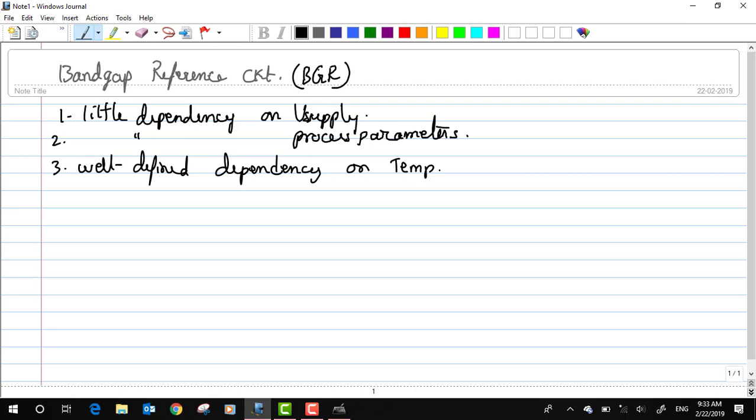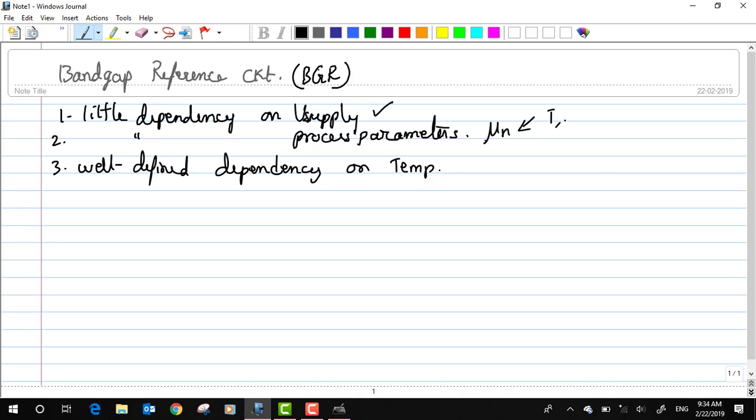Okay, so what I really mean by the first point is that any fluctuation in my power supply or any battery that you feed into a circuit should not disturb the reference voltage or reference current that we are trying to build. And the second one: we know that mu n COX is a generic parameter that we always work with, and that parameter should not get disturbed, because we know that this process parameter, mu n, is generally dependent on the temperature.